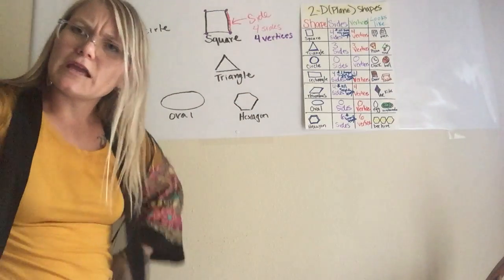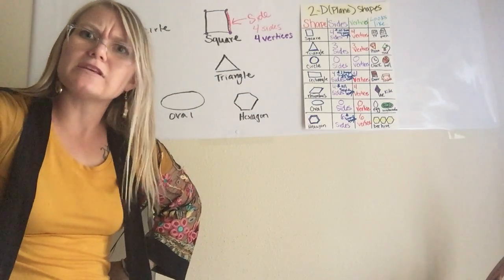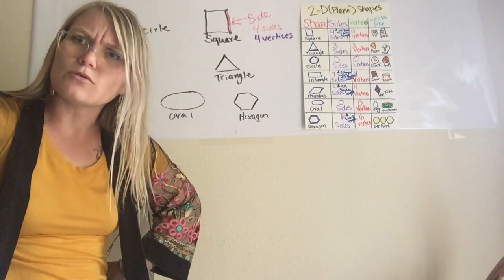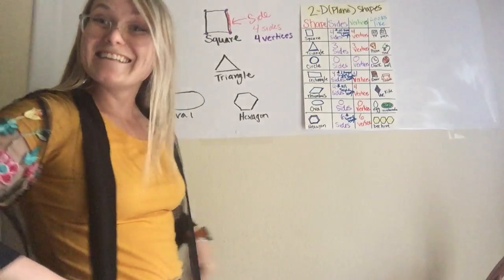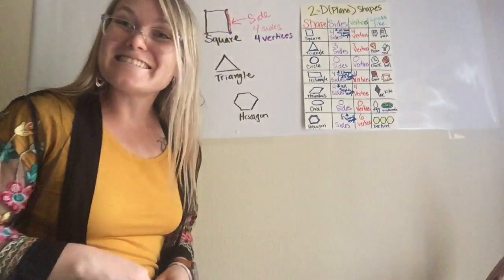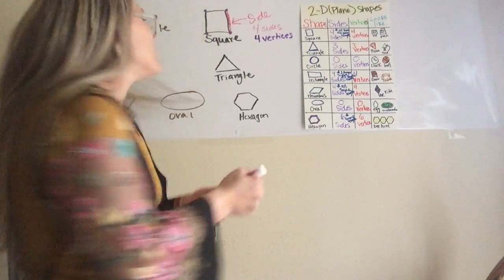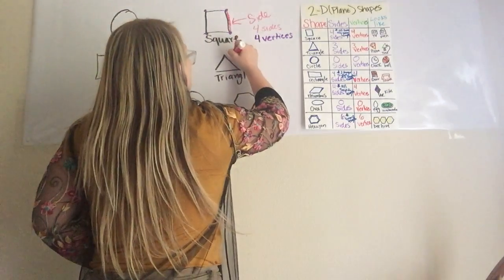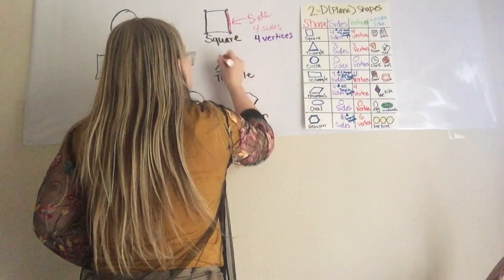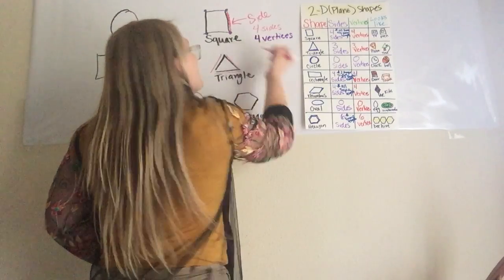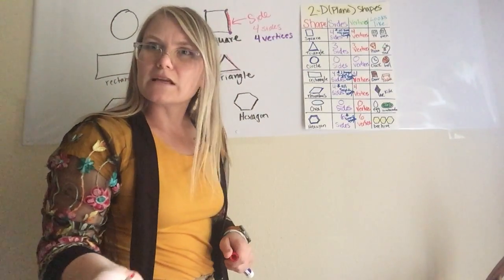Well, let's keep looking. I bet we can find something special about that triangle too. Are you ready? All right. So let's see, how many sides does this triangle have? Let's go ahead and count them. 1, 2, 3. This triangle has 3 sides.